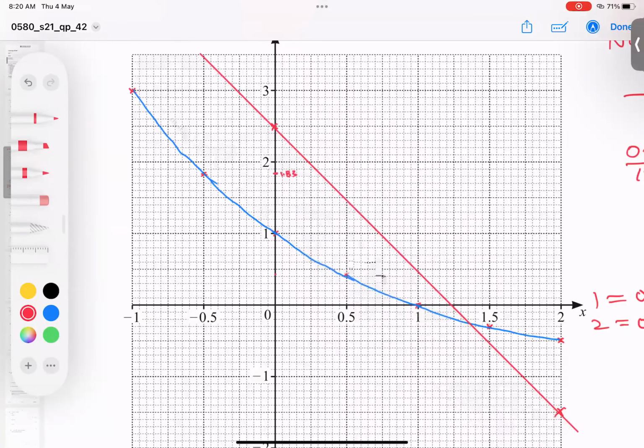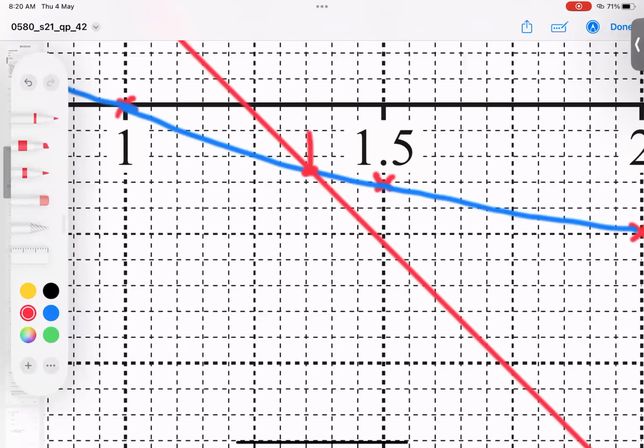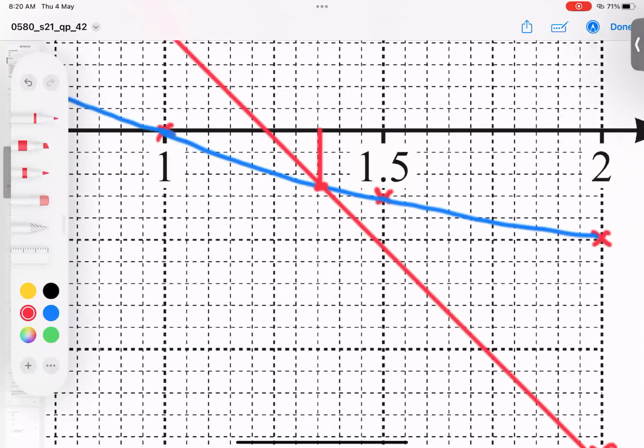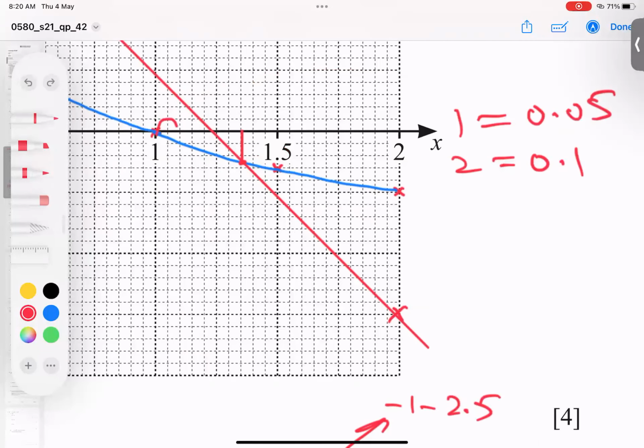And remove the scale, where they're intersecting approximately here. So what is the scale here? 2 boxes is 0.1. It means this is 1, 1.1, 1.2, 1.3, 1.4. So 1.3 and 1.4, so the middle is 1.35.